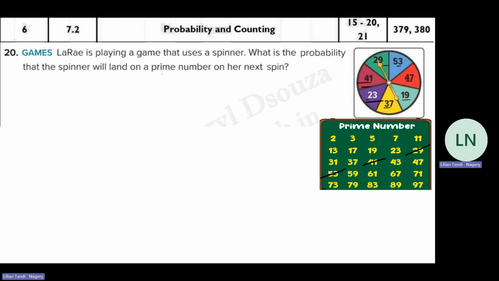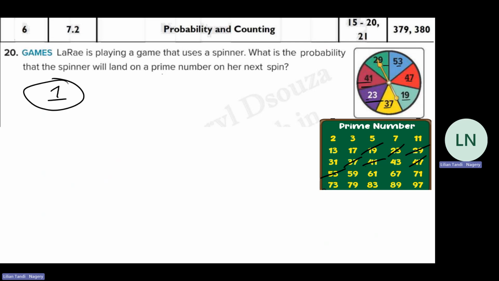47 is here. 19 is here. 37 is here. 23 is here. 41 I already crossed out. 29 I already crossed out. So all the numbers that are here, I crossed them out. So probability is 1 because I crossed out everybody. Okay?